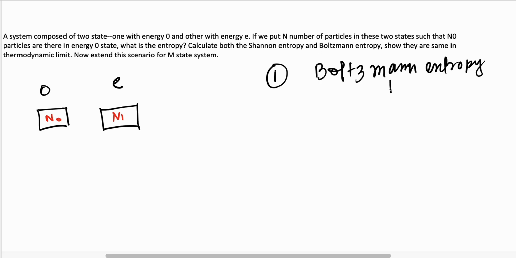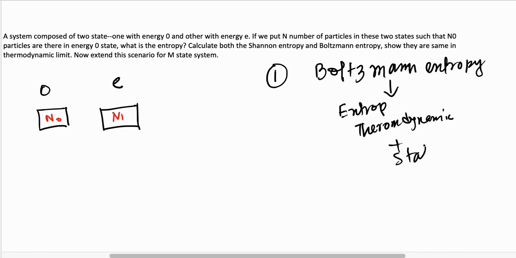So this connects the entropy from thermodynamics and the entropy from statistical mechanics.